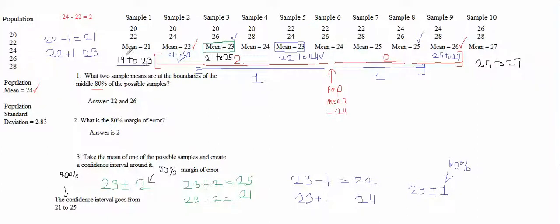Like this became 19 to 23 by adding and subtracting 2. That's a span of 4 numbers. When you take a sample mean and add and subtract 1, like we did here, you get a confidence interval that only has a span of 2 numbers, like 21 to 23, which is narrower. So when you add and subtract a smaller margin of error, you get a narrower confidence interval.